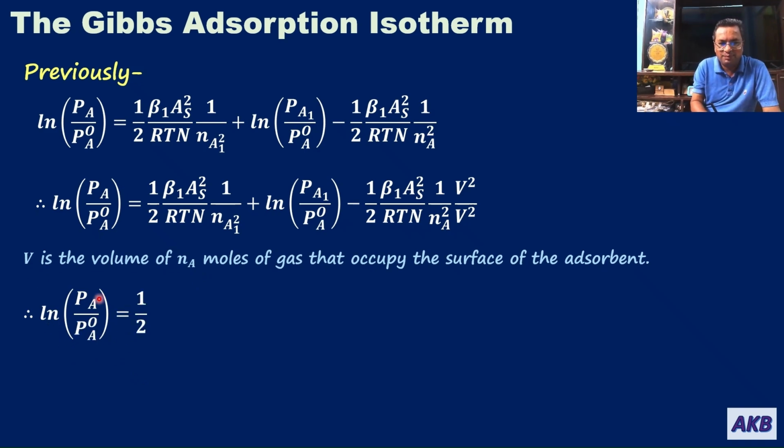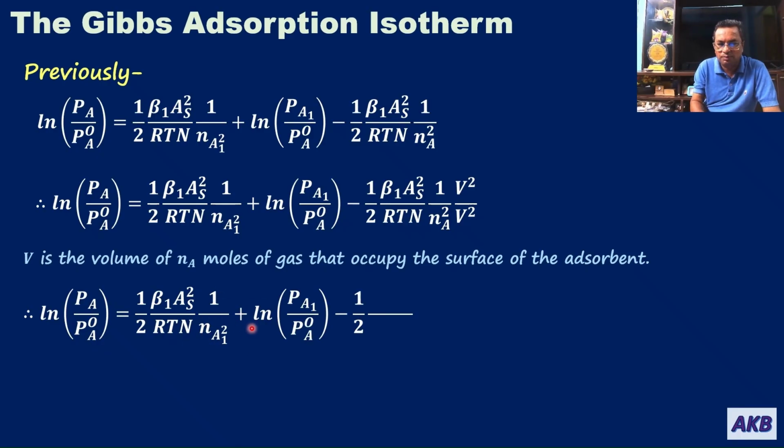So it is ln of PA upon PA naught is equal to 1 by 2 beta 1 A square upon RTN into 1 upon NA1 square plus ln of PA1 upon PA naught minus 1 by 2 into beta 1 A square into V square divided by RTN NA square into 1 upon V square.